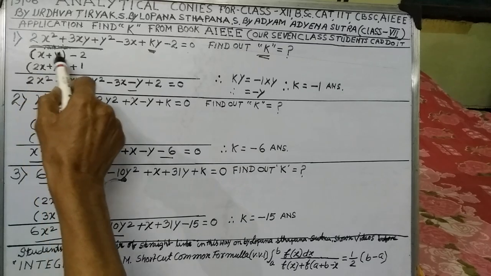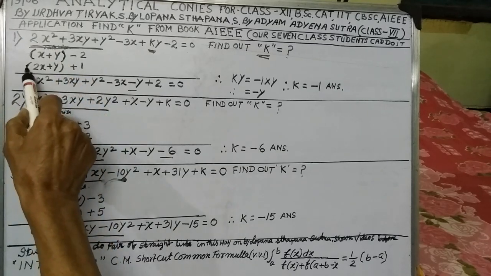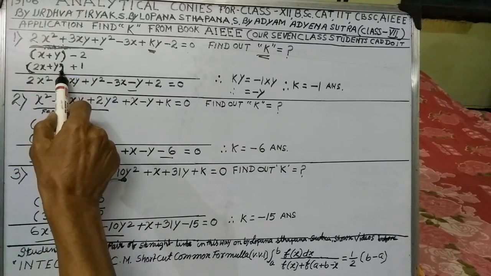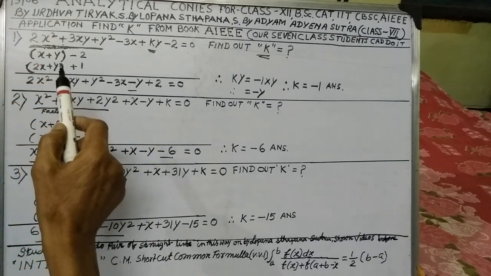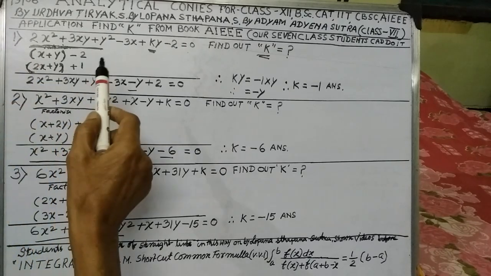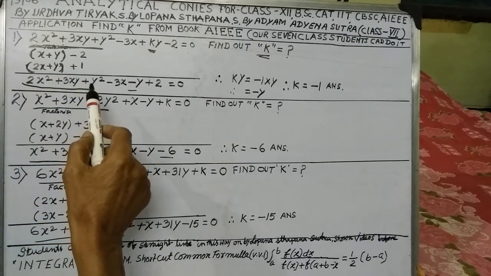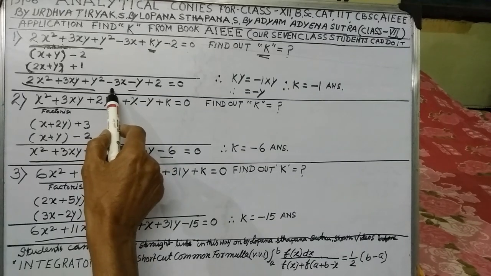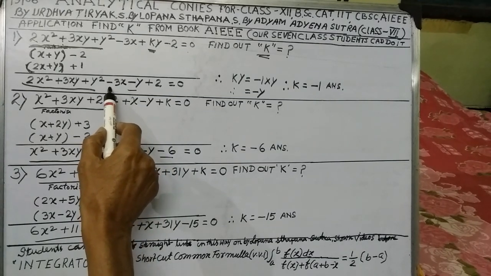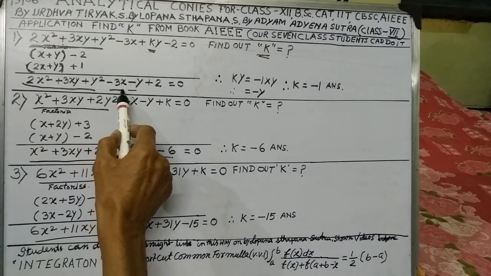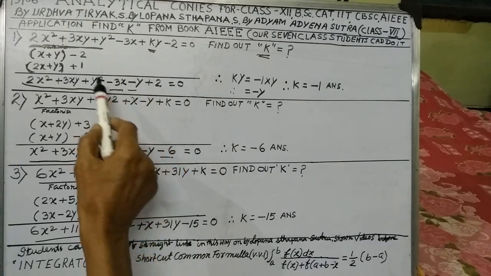Orally we can do this, writing up and down always, and this 3 is from this, and we have to correct up to these two figures.